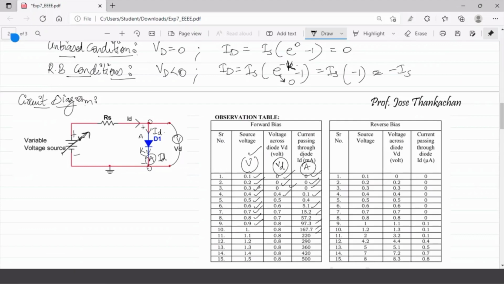After some time, even if we are increasing the source voltage, the voltage across this device has become constant, 0.7, 0.8, 0.8 and so on, even if the current is being increased.